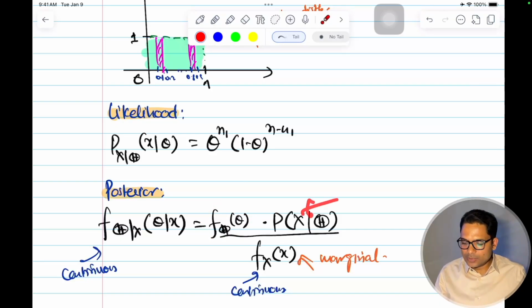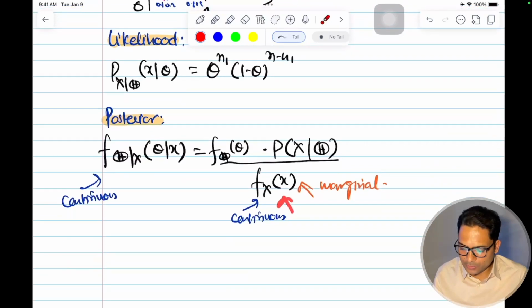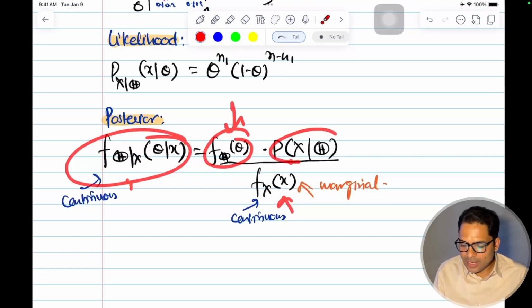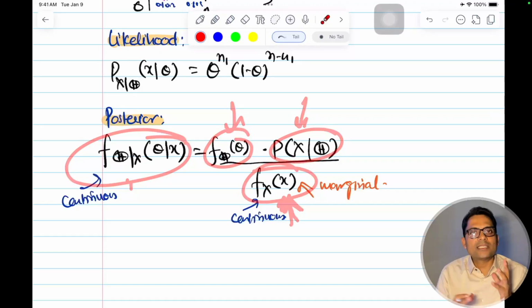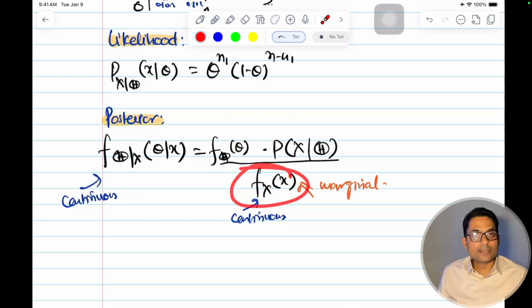I know this is my Bernoulli. I don't know this one, the marginal. I have the prior, I have the likelihood, I don't have this information. Now this is the tricky part, and let's see what we do to find out this marginal probability.